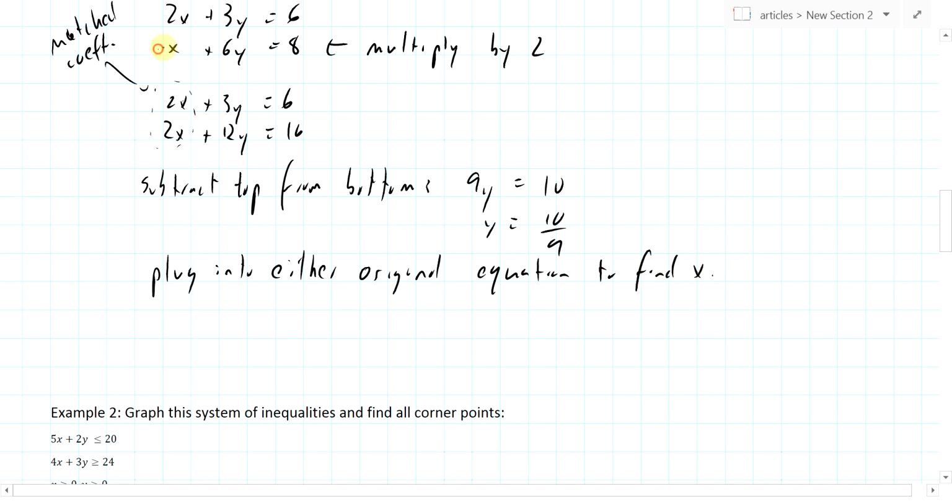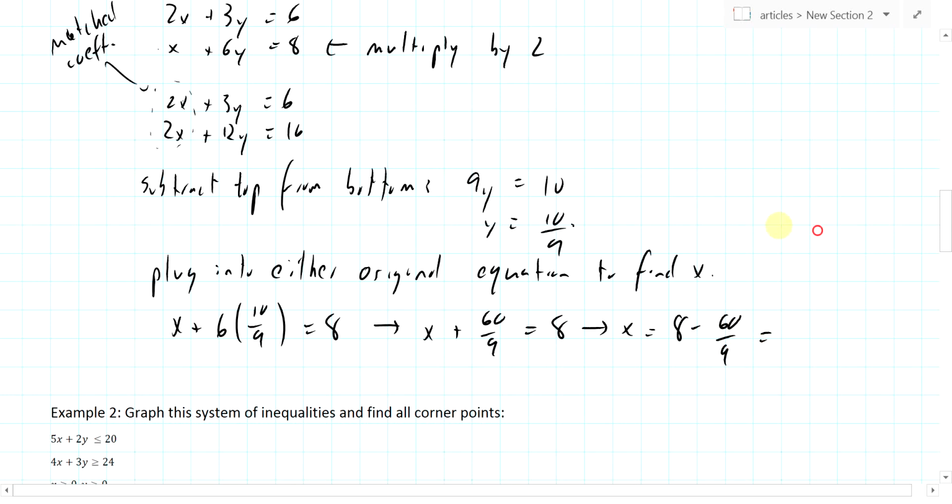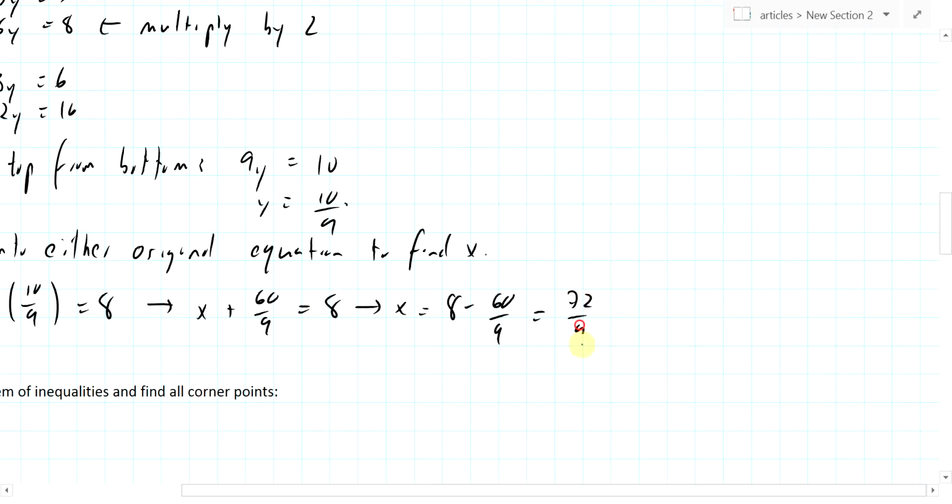So if we plug it into this equation here, x plus 6 times y equals 8, but y we know is 10/9, and so this is x plus 60 over 9 equals 8, which means x equals what? 8 minus 60 over 9, but 8 we know is 72 over 9 minus 60 over 9, so that's 12 over 9. And if we divide top and bottom by 3, that becomes 4/3.